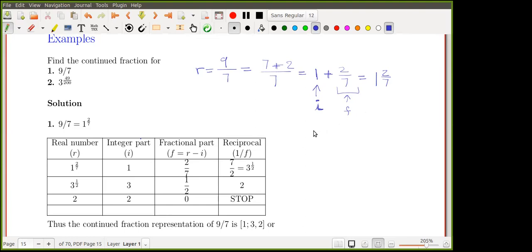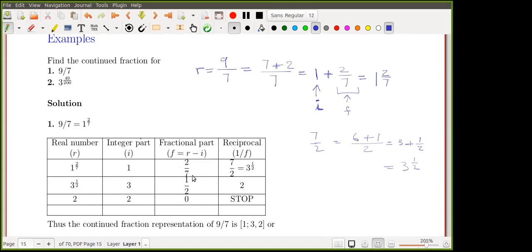7/2, we can do exactly the same thing and write it as 6 plus 1 by 2. So this will be 3 plus 1/2, which is 3 and 1/2. So this becomes that. So that's our reciprocal. It becomes our new real number that we put in the real number column.